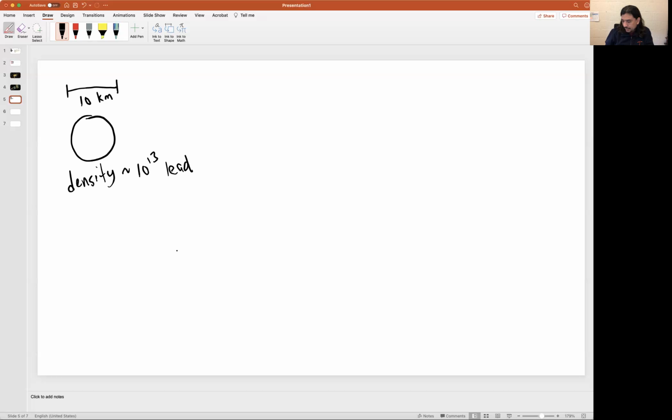So lead is the heaviest element that we know, right? So this is a neutron star. Initially it was a sun-like star, but 3 times more massive than our sun, and it turns into that.